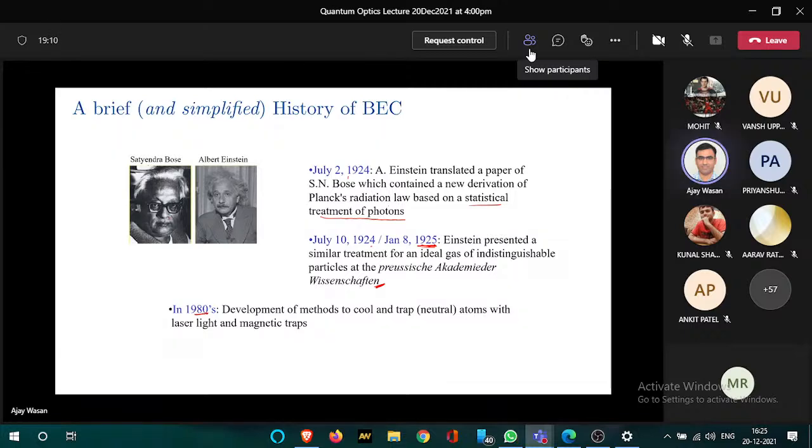We did not have a very nice laser system, because in whatever I'm going to discuss in the coming slides, the atoms were cooled using laser light. Even though we say a laser beam is hot and cuts material, it can also make atoms cool. How? That I will discuss in the coming slides.